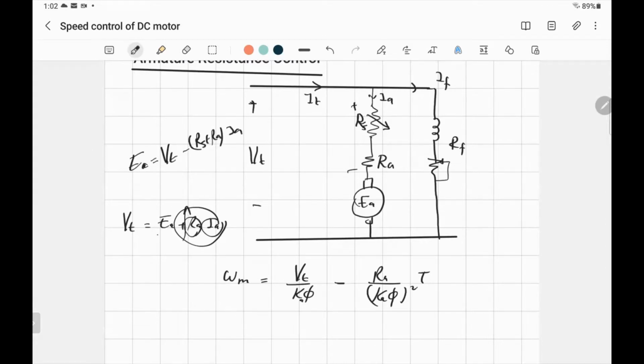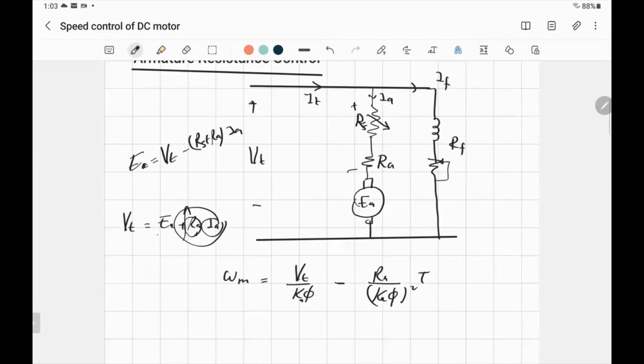So if Ra is only there, you don't have any series resistance, and you will get the nominal value of E and the nominal value of speed. But if you are adding resistance in series with Ra, the total resistance of the armature circuit will increase. So the drop will increase, E will decrease, and the speed will decrease. So that's the way that you control the speed.